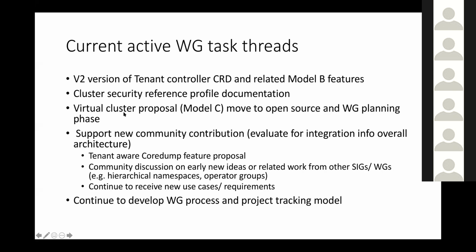The next set of tasks is related to the Model C proposal from Alibaba. The next thing that has to happen there is that we would look forward to having them bring that work into open source. Currently, it is not open source. They have given us some initial presentations.